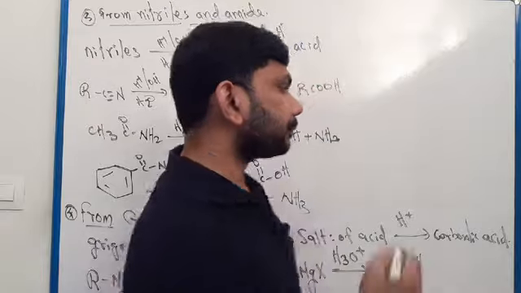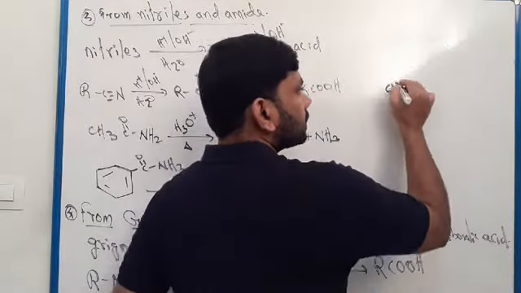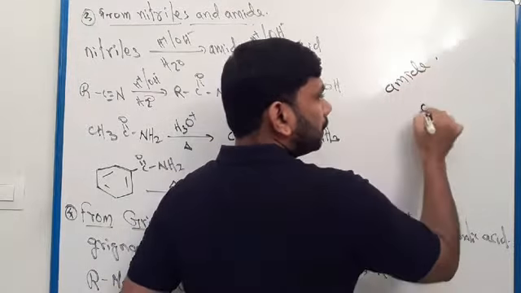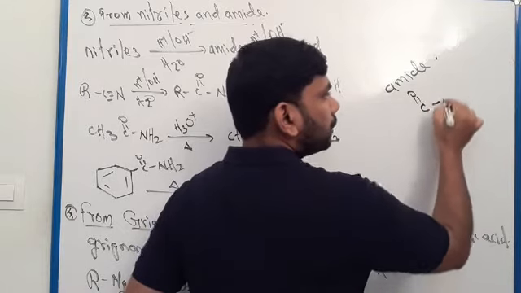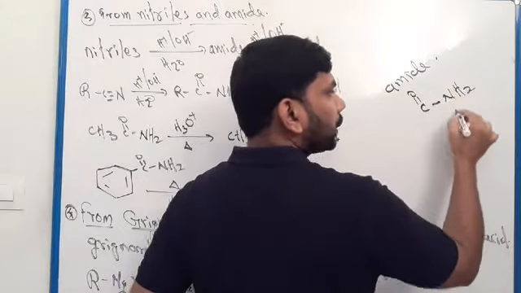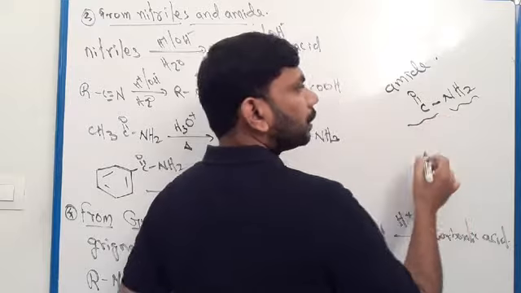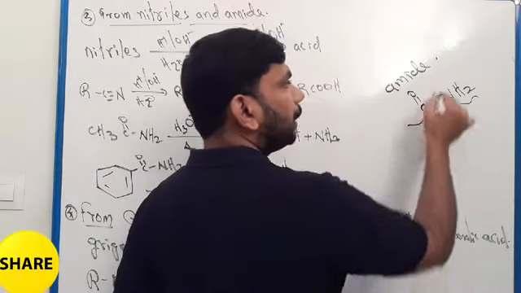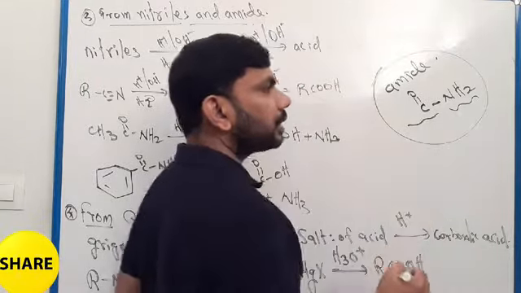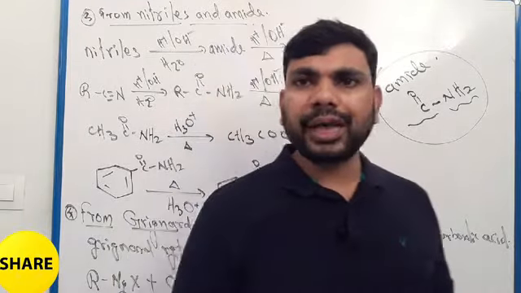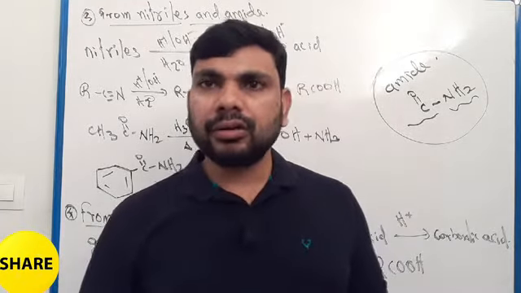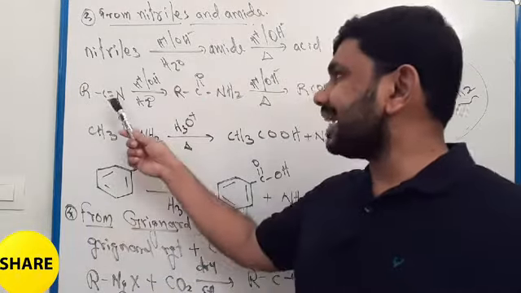Amide means carbon double bond oxygen, single bond NH2. So there are two functional groups, and together they are called an amide. This is an amide.